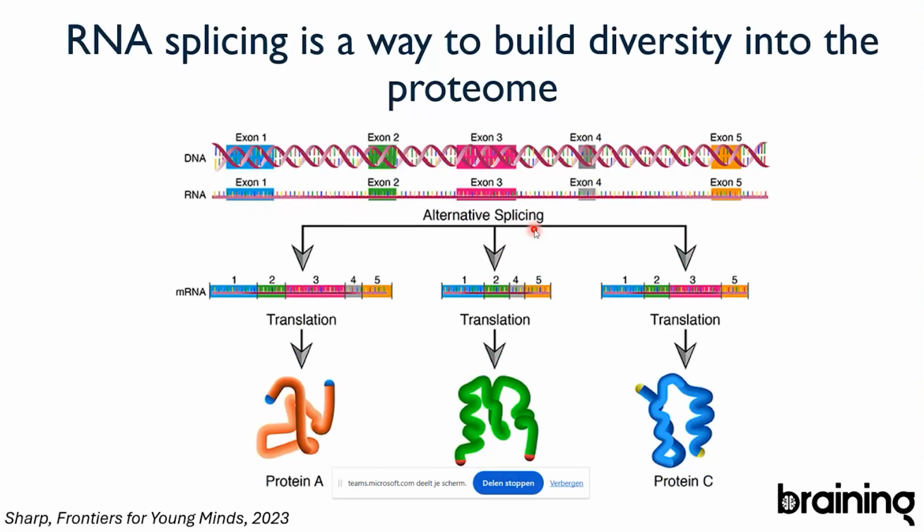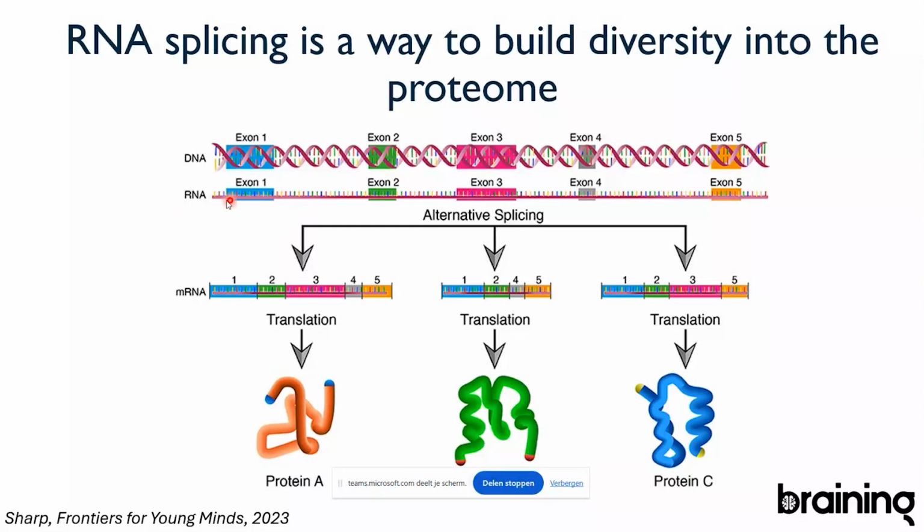However, as you also know, there is also a step between DNA and RNA, and that is the step of splicing. As you know, genes consist of coding sequences and non-coding sequences. Those coding sequences we call exons. The non-coding sequences we call introns. And so when transcription happens, the RNA polymerase will copy a DNA strand, resulting in what we call a pre-mRNA.